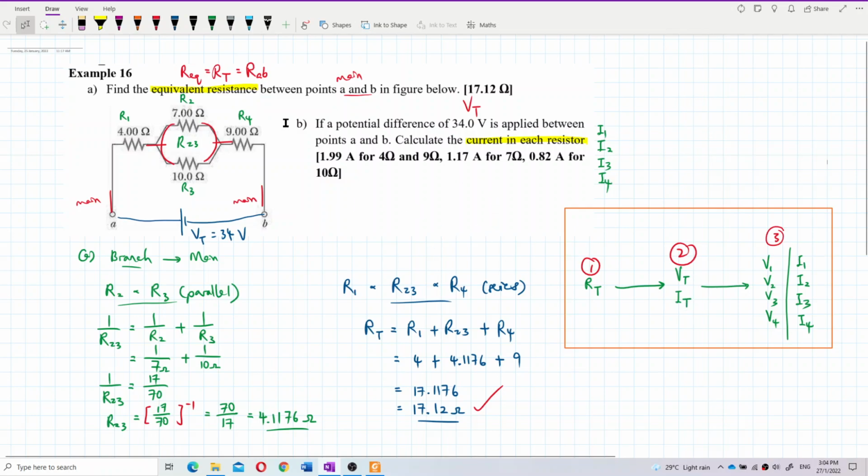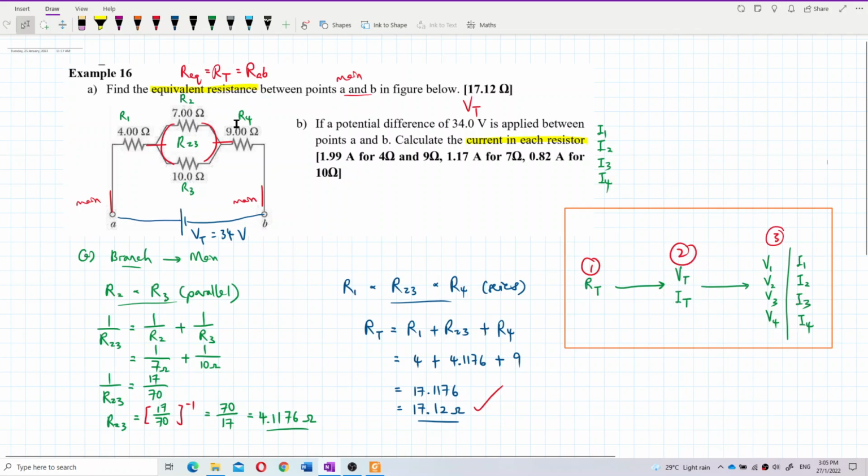That's the next step for us in part B. We need to find the total current because he gives us a total voltage. After we got the total current, then only we can find the voltage in each resistor and also the current in each resistor. So right now we are in phase 2 already.